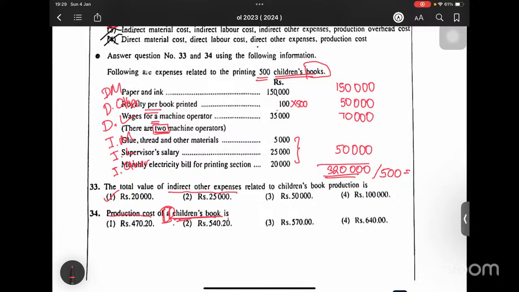Okay, now did you understand? Yes, miss. Okay, so 320,000 divided by 500, how much is it? 64. 640,000. Sorry, 640 rupees. Yes. So this is the answer.